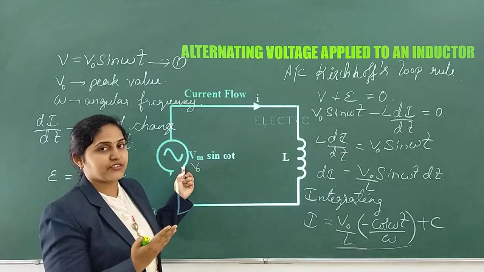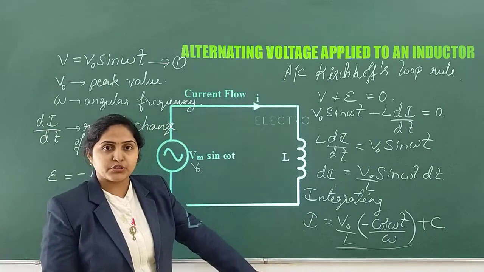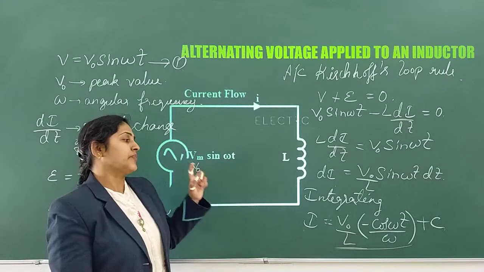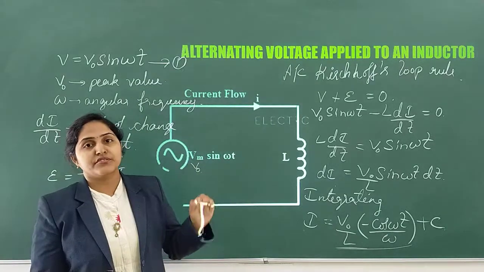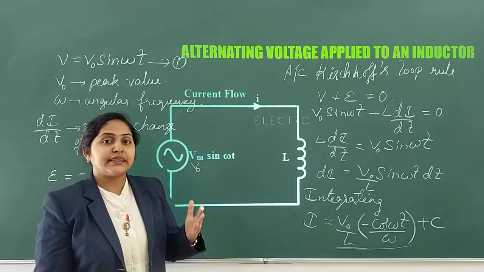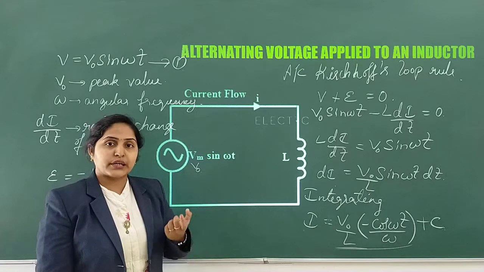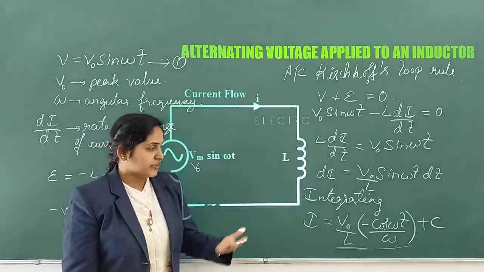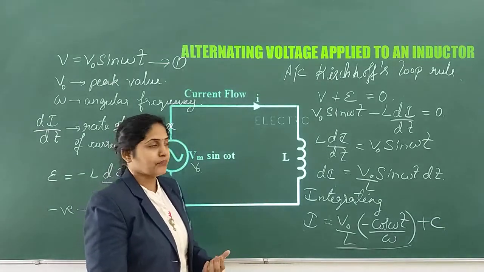You have to write these reasons. So that C, which is time independent and has the dimension of current, becomes 0, because the EMF of the source oscillates symmetrically about 0, and therefore the current sustained by the EMF also oscillates symmetrically about 0. So for that reason C becomes 0.